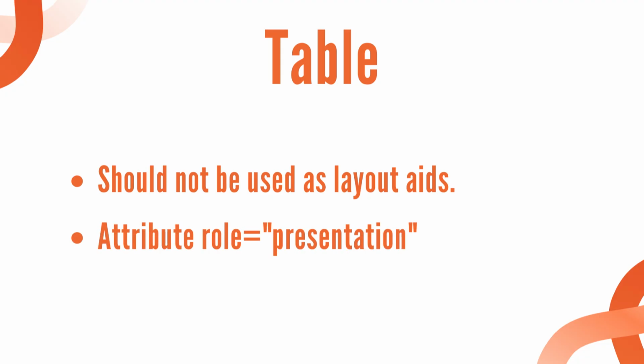And if you do use a table for a layout, you should consider adding an attribute called role equal to presentation. This allows screen readers and other accessibility tools to detect that this table is used for layout purposes only and then read the information accordingly.